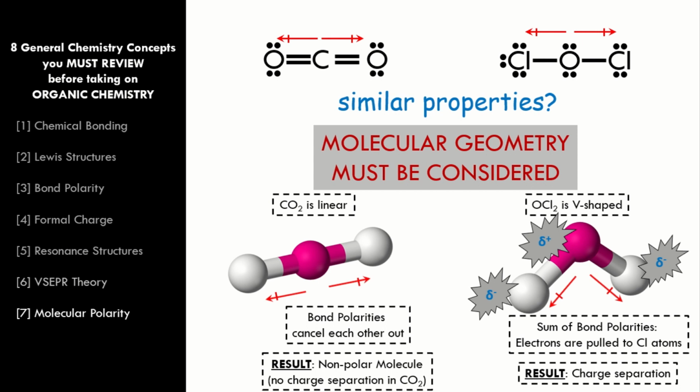Now, what we just did is the approximation of a molecule's dipole moment, or the vector sum of the bond polarities. This concept is very important in organic chemistry since a molecule's polarity tells a lot about its physical properties and how it interacts with other molecules.